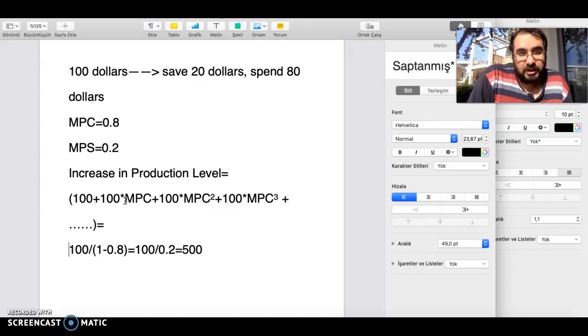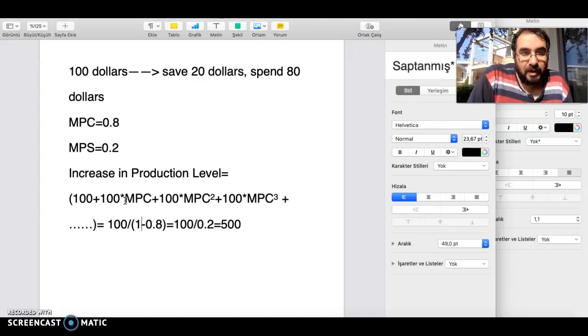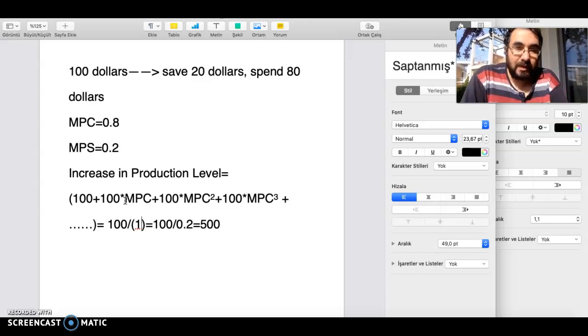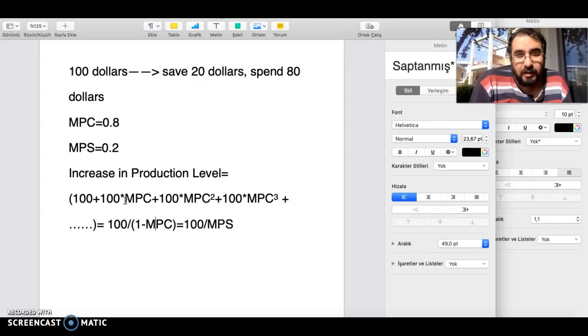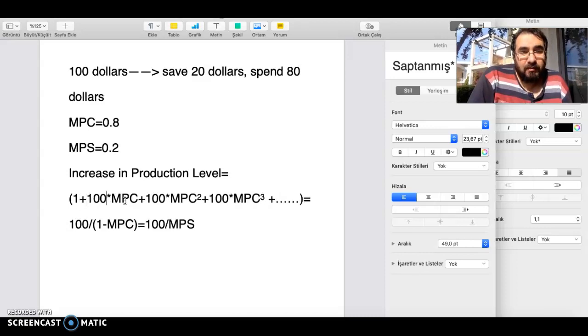So this will be our initial equation, and then we will have 100 over 1 minus MPC, and then we have 100 over MPS. I'm sorry, this is 1 minus MPC. So if you want to generalize it even more, instead of $100, you can just have $1.